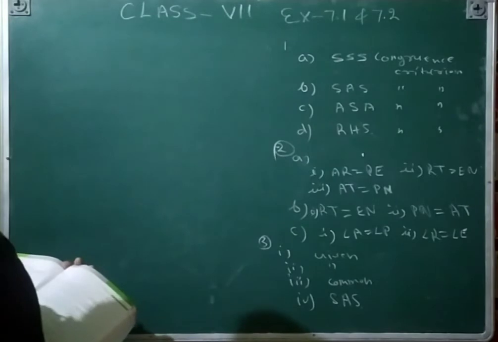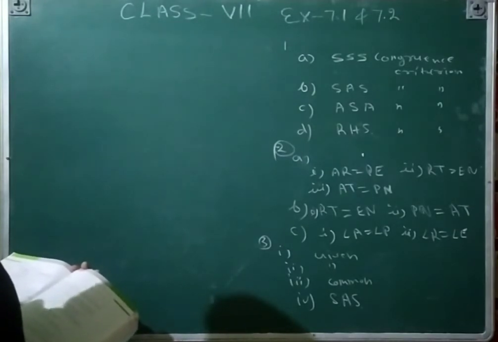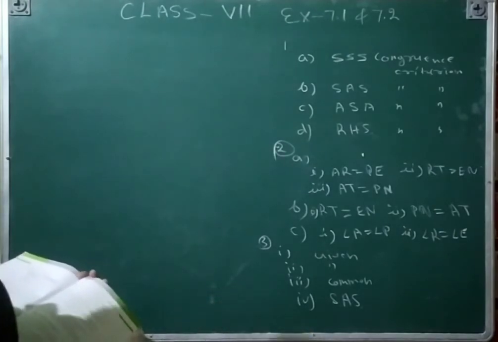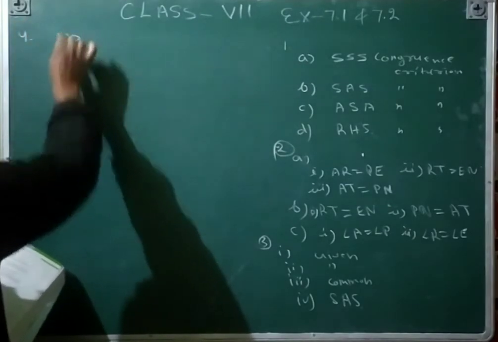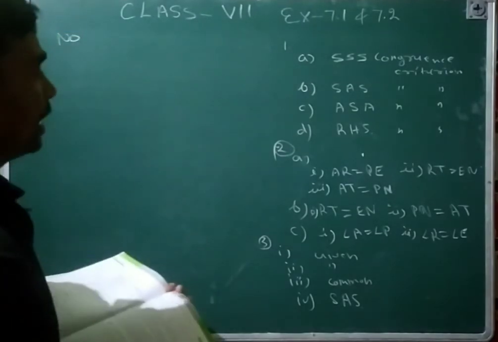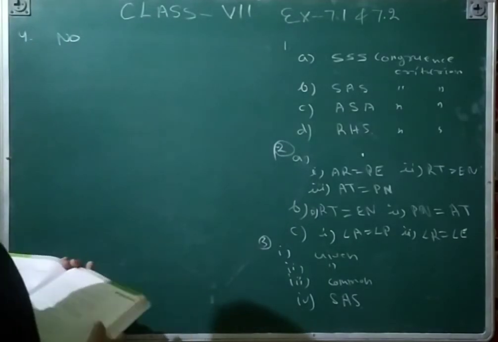A student is saying that ABC is congruent to PQR by AAA. That is not possible, so the answer will be no. At least one side must be included for the congruence criterion.